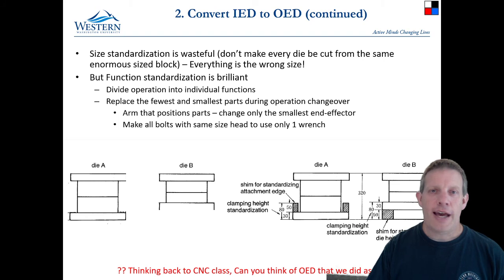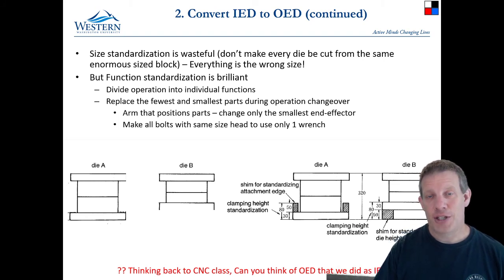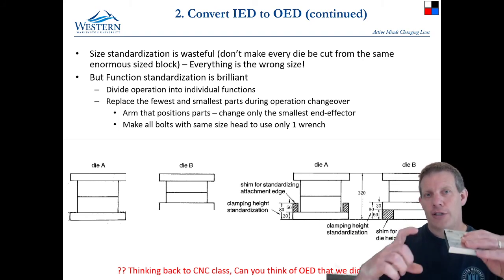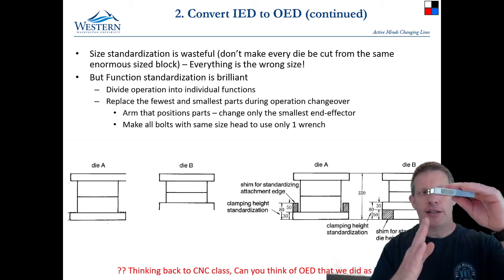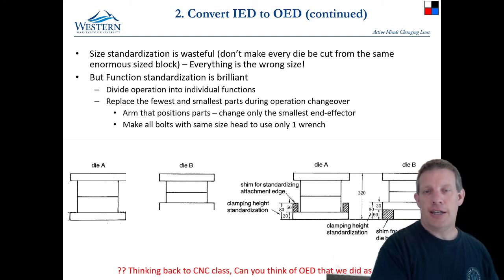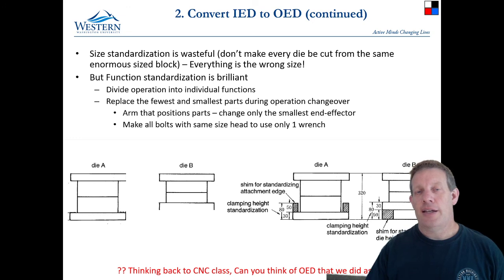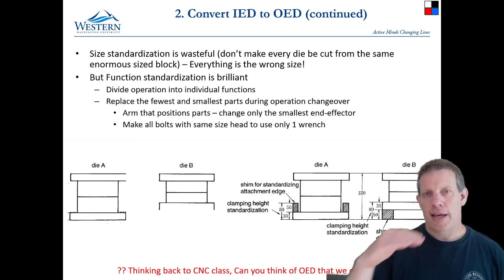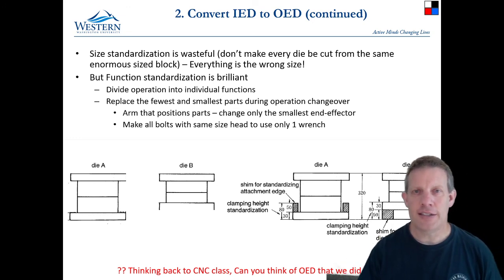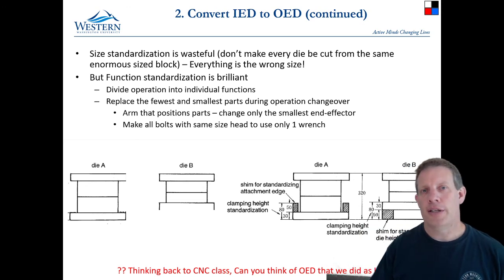Well, none of that had to occur in the machine. We could measure the stack up height of the parallels and the part outside the machine, and then knowing that number and knowing where the bottom of the vise is, we could just enter that number on the controller, put it in the machine and be ready to go.